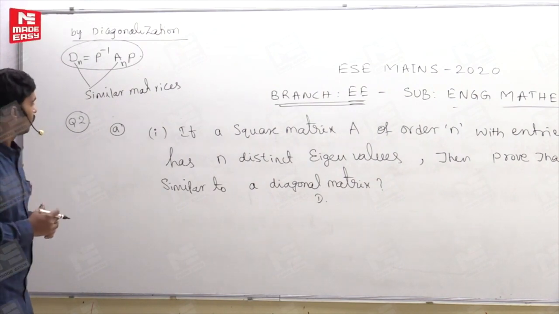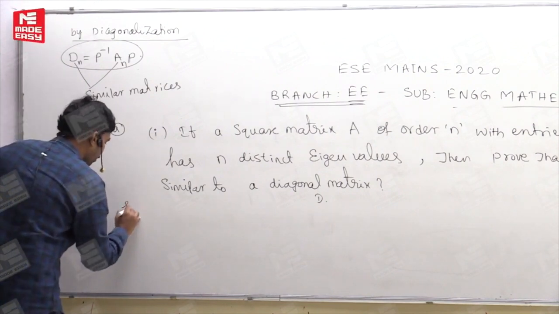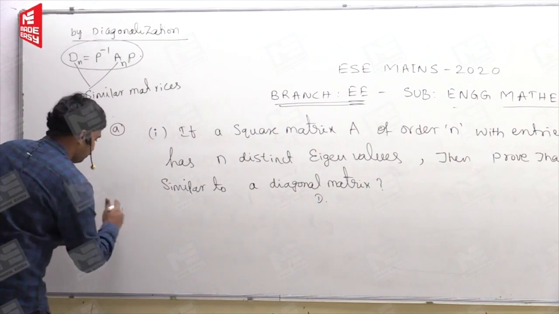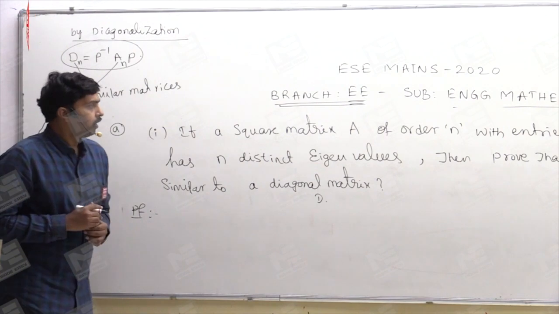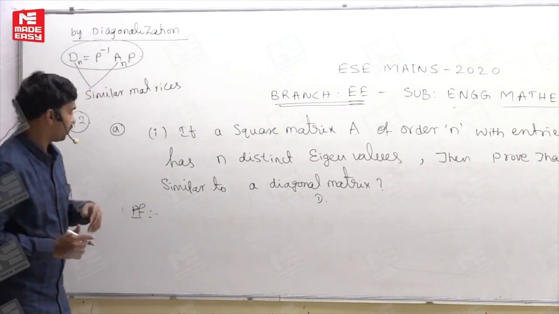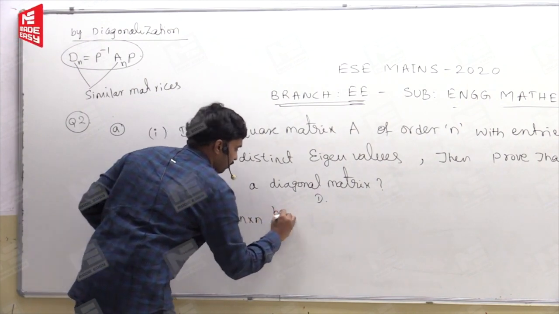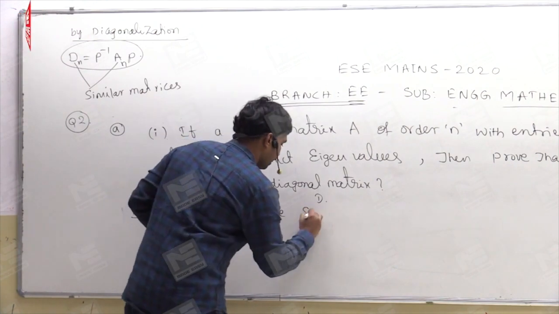Okay, now let us go with this. How are you going to prove this one? Let's see the solution of this, right? Yes, my dear students. Let A, n by n, be a square matrix.